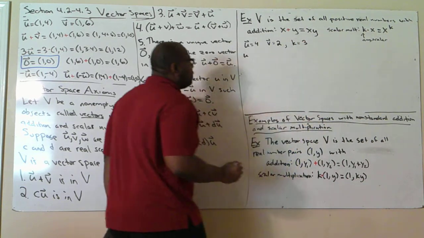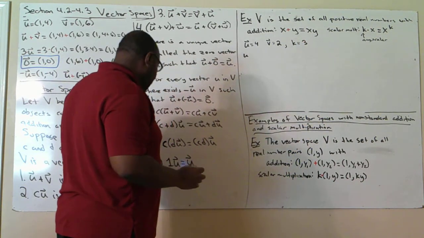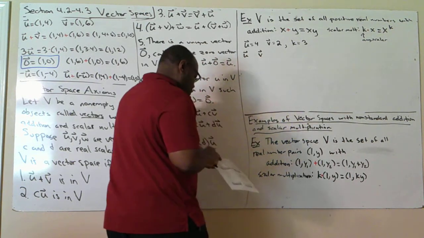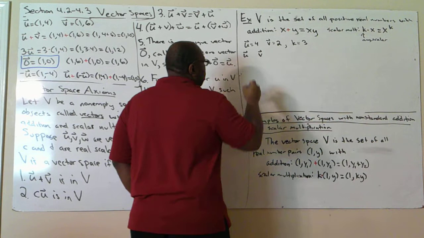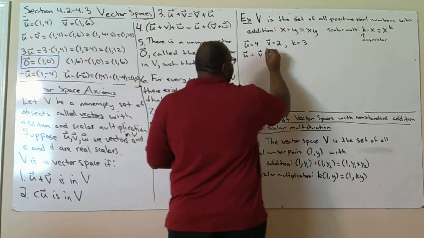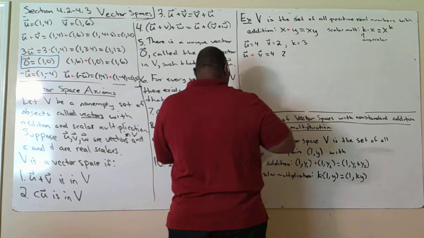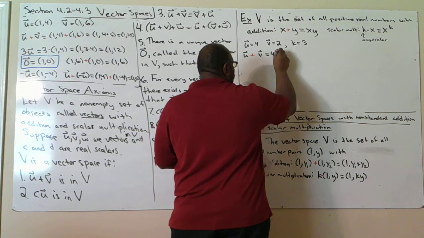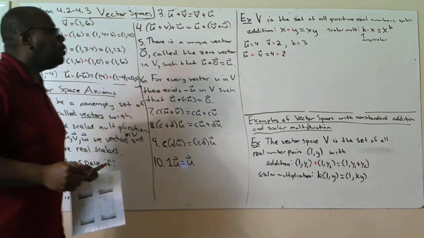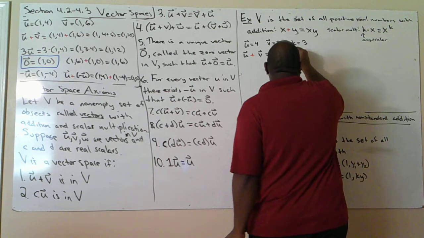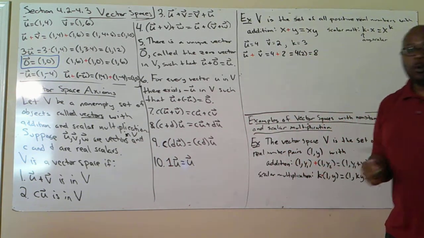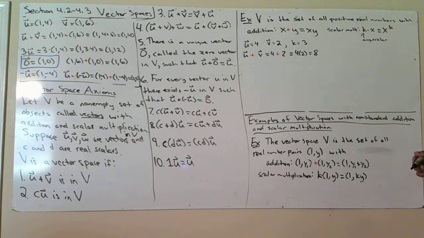So let's do u plus v. That's the same thing as 4 plus 2. What is 4 plus 2? Well, 4 plus 2 is going to be the same thing as 4 times 2, which is 8. So 4 plus 2 is 8.